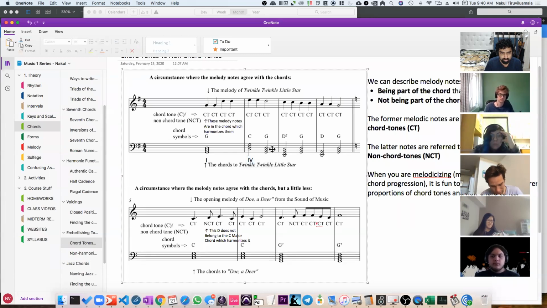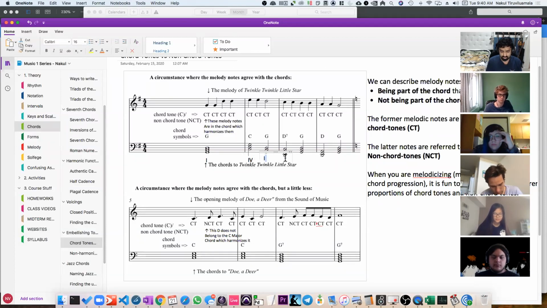The G major chord is a 1 chord in this context. But this D note could also fit in with a D major chord, right? So I could have played a D major chord here and done a 5 chord, and that would make this part of the music a half cadence.